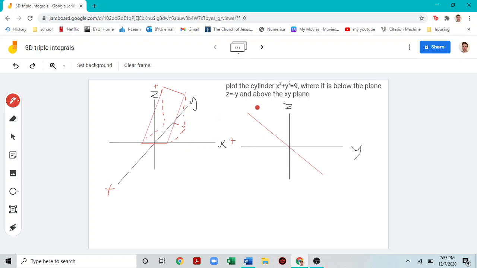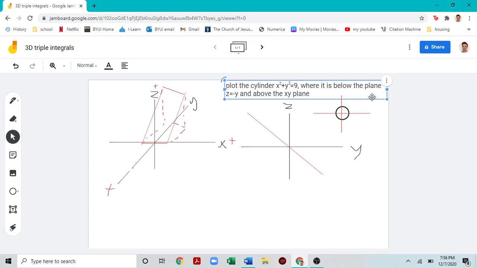But for this specific one, we also want to have it with a cylinder of x squared plus y squared equals 9. If we think of a regular xy plane, we also learn that if we get x squared plus y squared equals something, then it's going to be a circle.